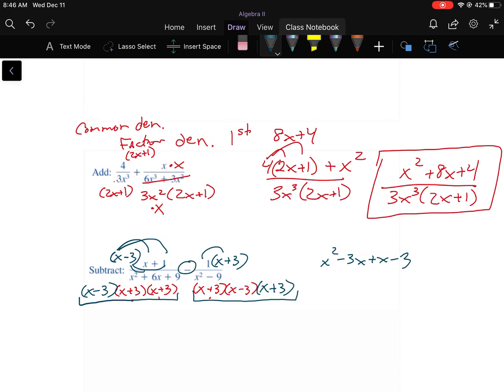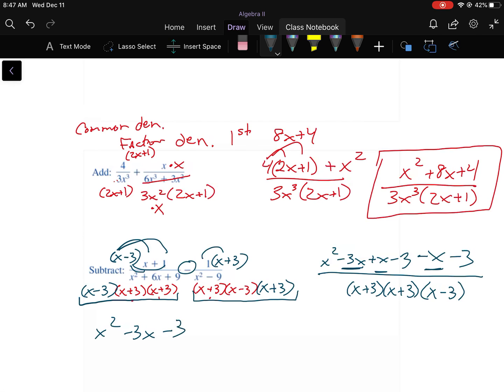And then over here, I'll distribute a minus 1, so minus x minus 3. All over my common denominator of x plus 3, x plus 3, x minus 3. Now it's all about combining like terms. I've got the minus 3x, the plus x, and the minus x. That's going to give me minus 3x. So I've got x squared minus 3x minus 3.